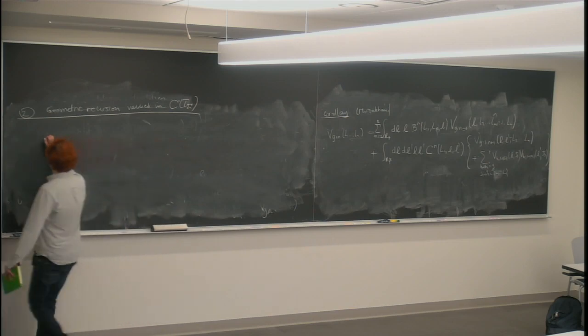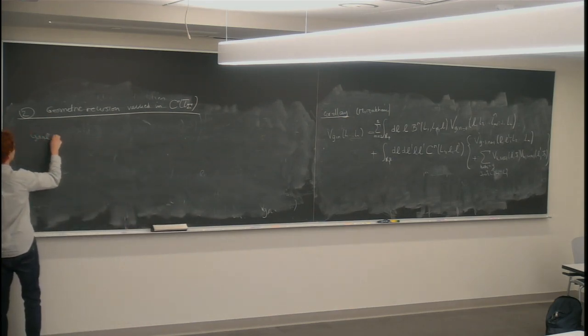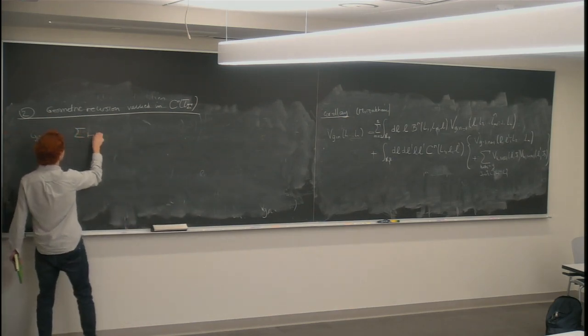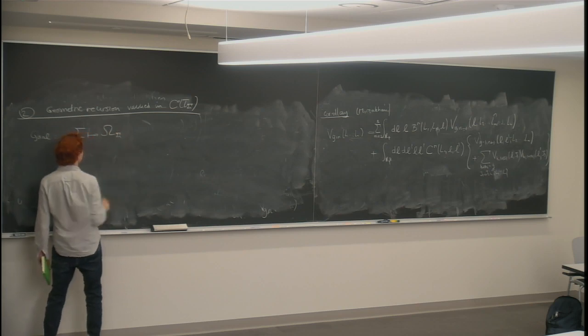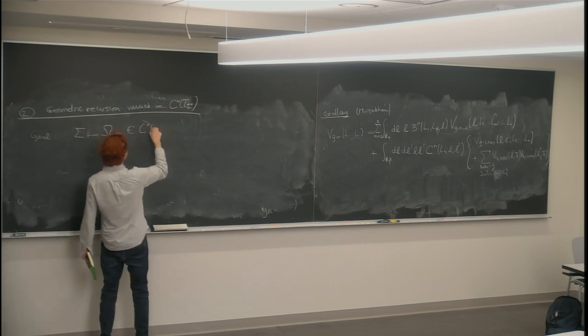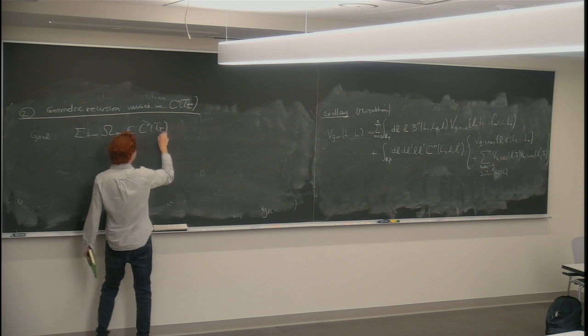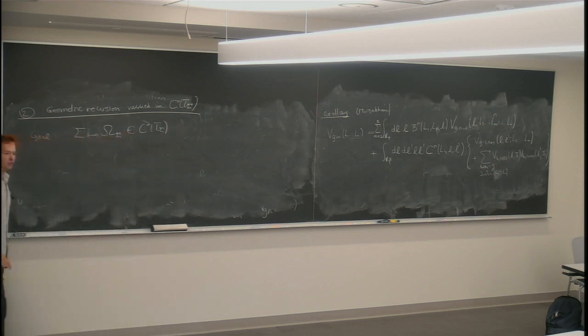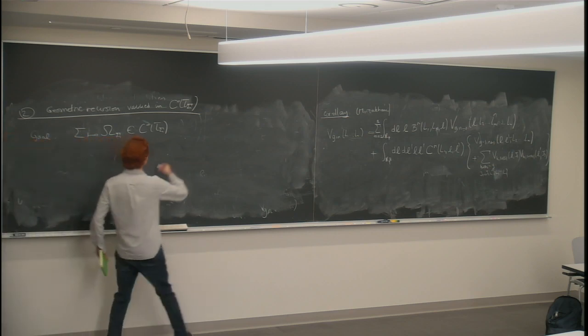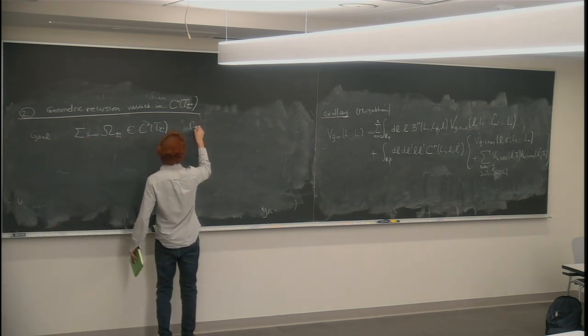So the goal is to produce continuous functions on Teichmueller space which are naturally attached to surfaces, which means they're compatible with isotopy classes of diffeomorphisms. In particular, that means which are mapping class group invariant.